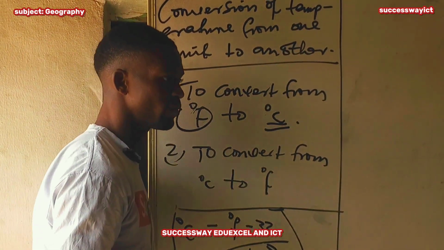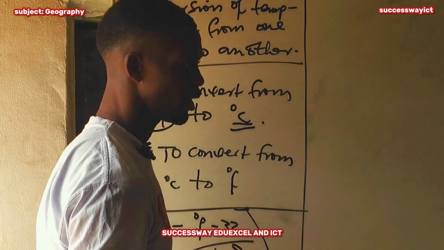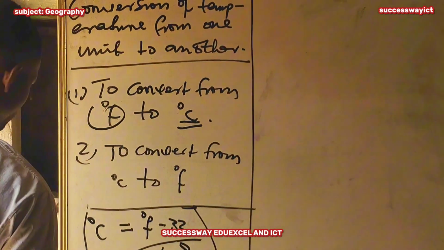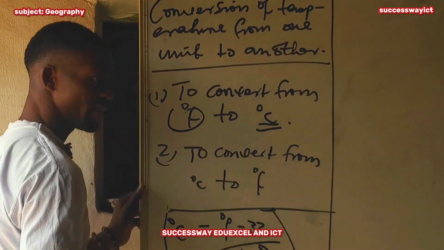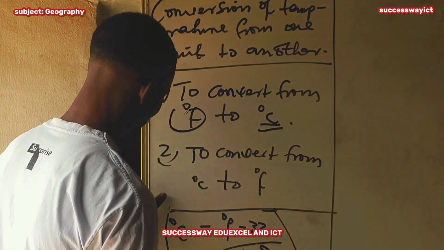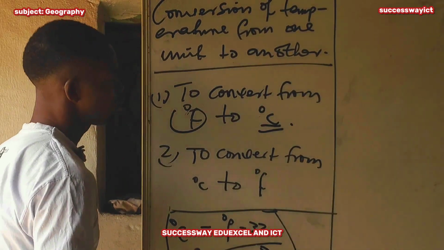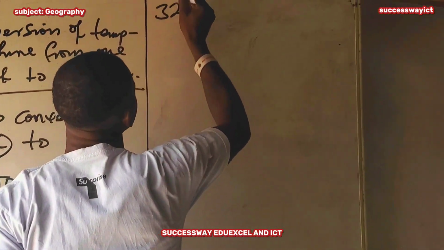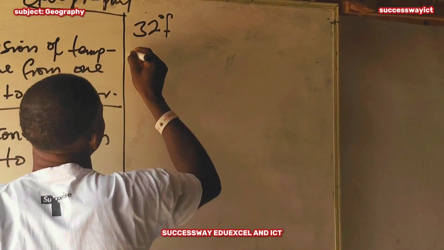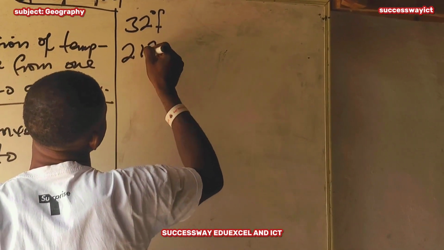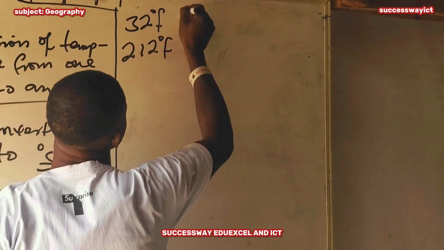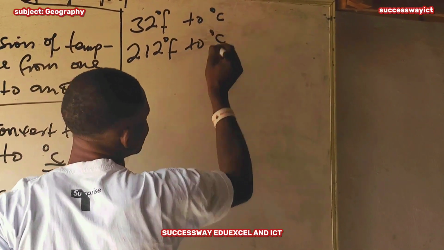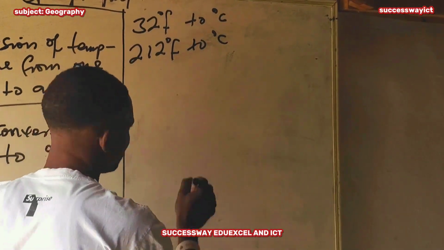It's a derivative, and it's a constant formula. So let's see how we can convert 32 degree Fahrenheit and then 212 degree Fahrenheit to degree centigrade.